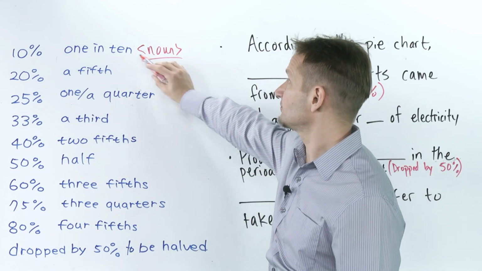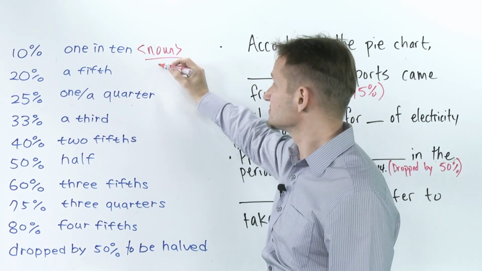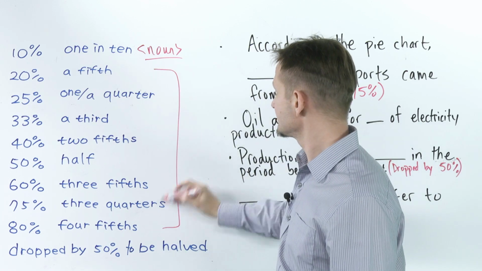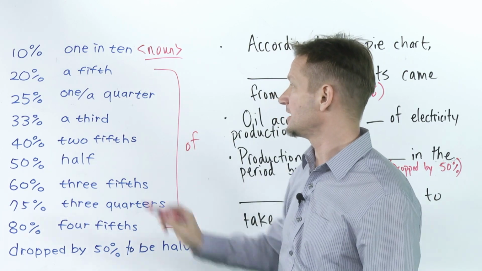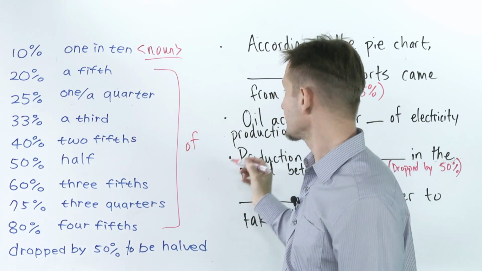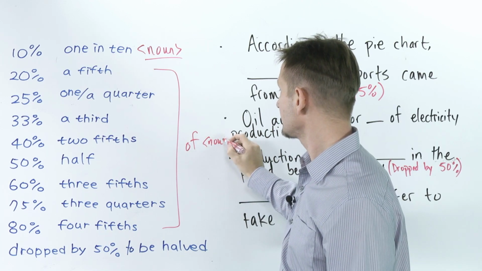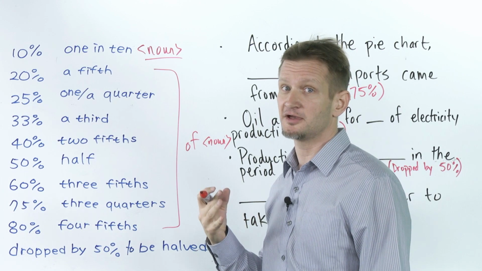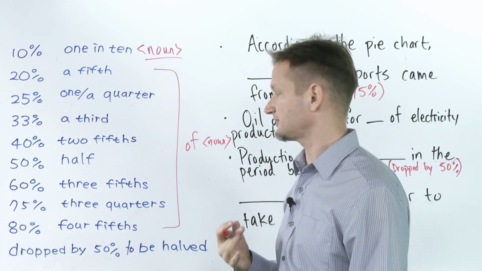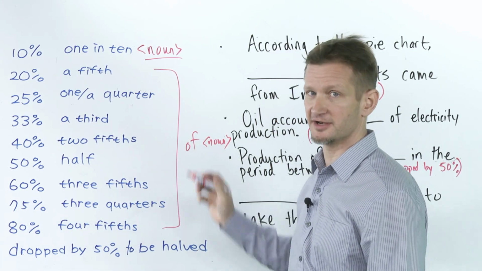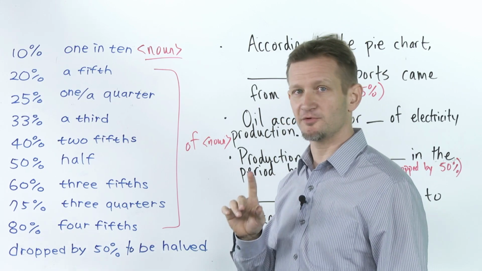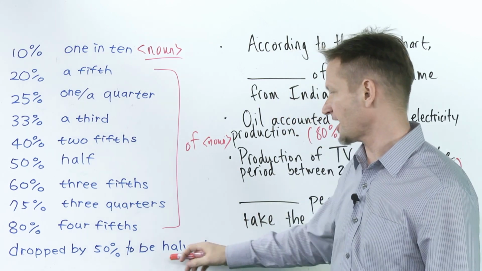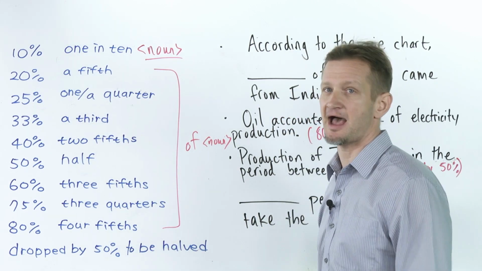Now here, 1 in 10 and then noun, right? So for the rest of these, you've got to add of. A third of, and then you put a noun. A third of energy production. A fifth of air pollution, for example. Make sure you put of and then a noun. So I want to give you one more really useful vocabulary, and that means to be halved.